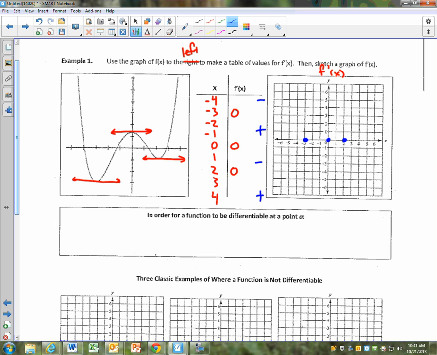Negative, positive, negative, positive. Where is it going to be in relation to the x-axis? Negative will be below and positive will be above. So we'll actually generate some estimating values right now, but just note that you'll be below the x-axis, above, below, above. Okay? So let's get some estimated values here.